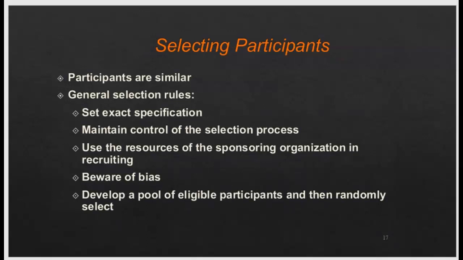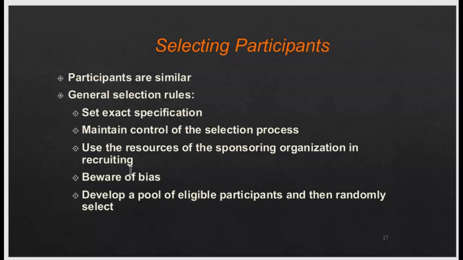Selecting participants is similar to selecting participants for an interview. Same set of rules, same selection apply. But you do want to make sure that the group itself is representative of the issue that you're trying to solve.